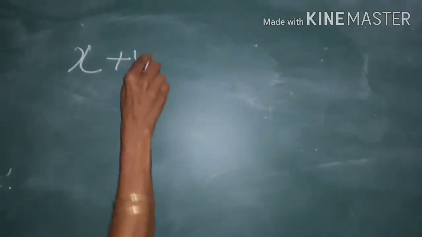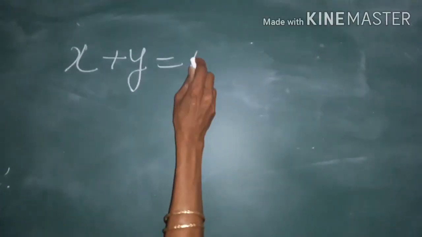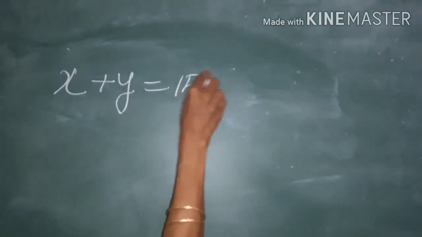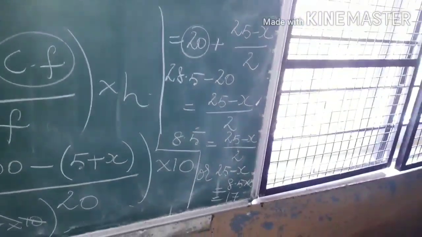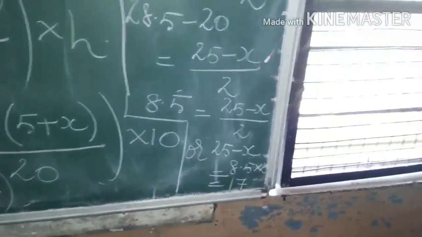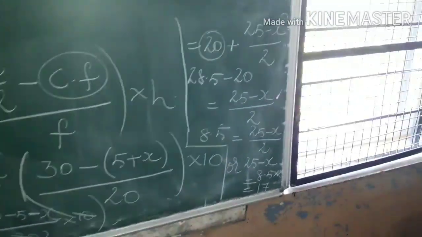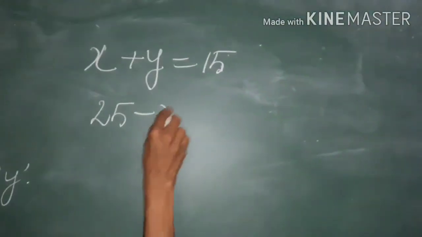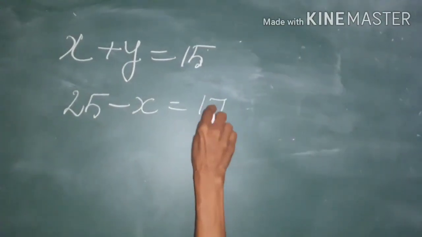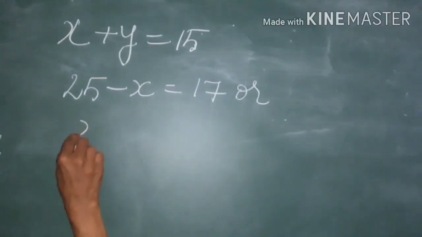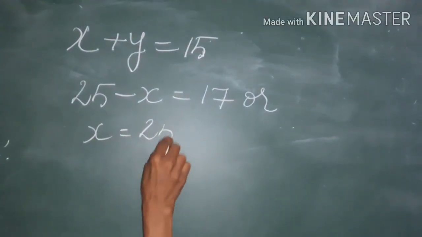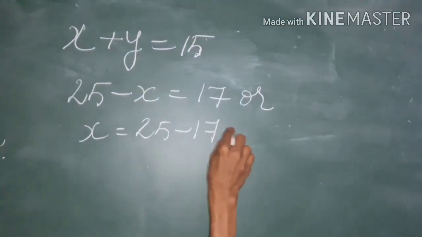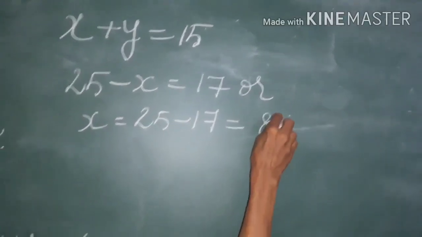Now already we have got x plus y equal to 15. Next we are getting 25 minus x equal to 17, so x is equal to 25 minus 17, which is equal to 8.